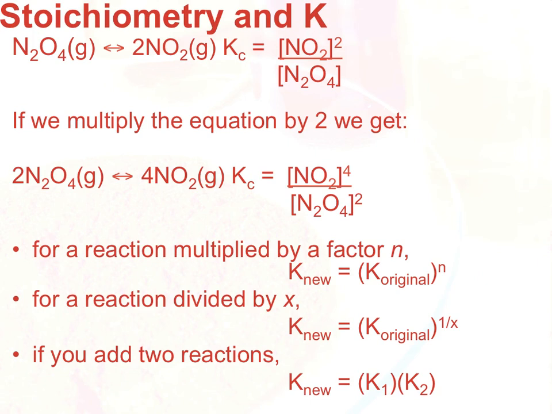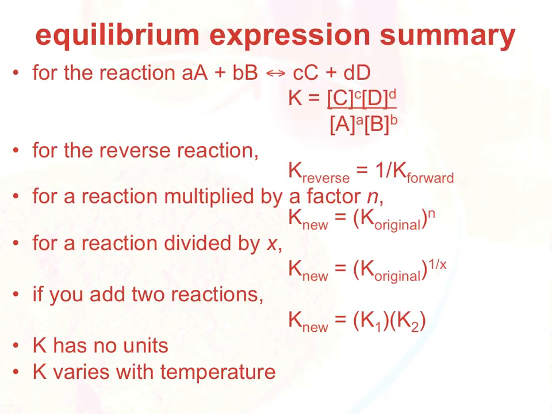In the context of adding multiple reactions, if we added 2 reactions together, we can get our new equilibrium constant by multiplying the K values for each of the individual steps that we added. Okay, so these are some shortcuts that can help you guys with your calculations and basically speed up the process. Okay, so just as a nice little summary, basically we write our equilibrium expressions with respect to balanced chemical equations.